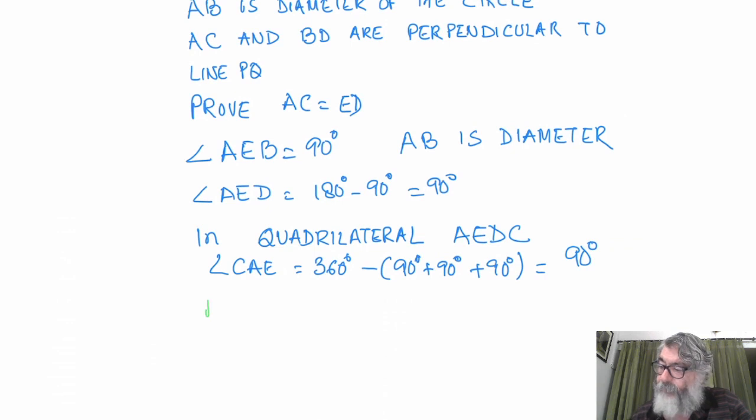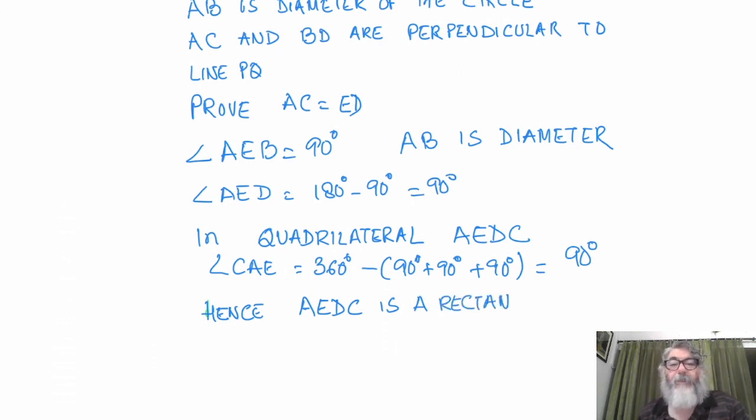AEDC is a rectangle, and opposite sides of a rectangle are equal. And what did we have to prove?